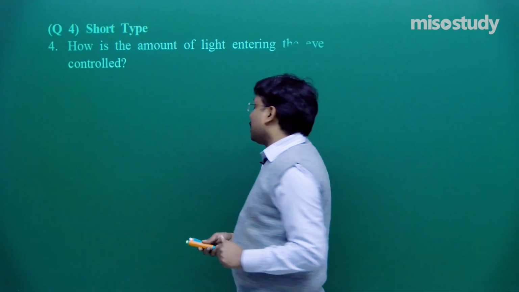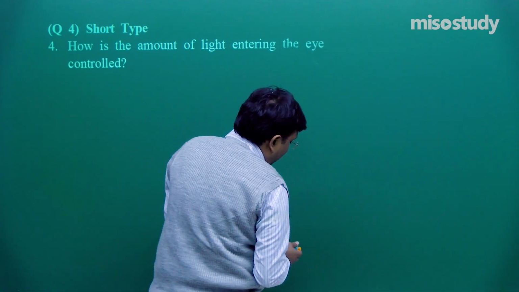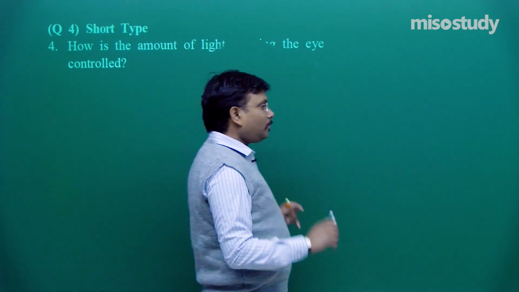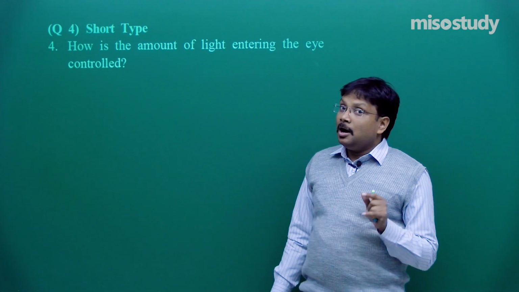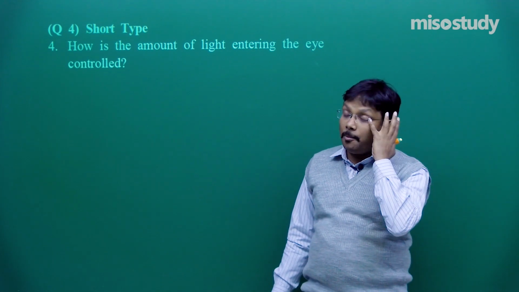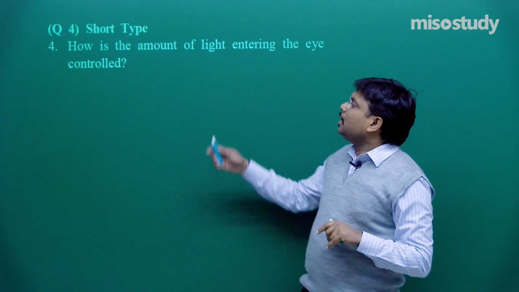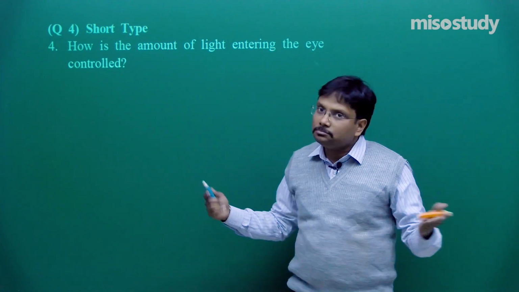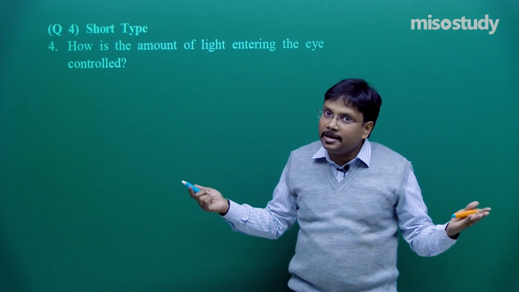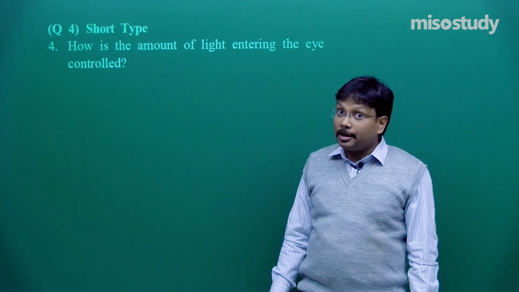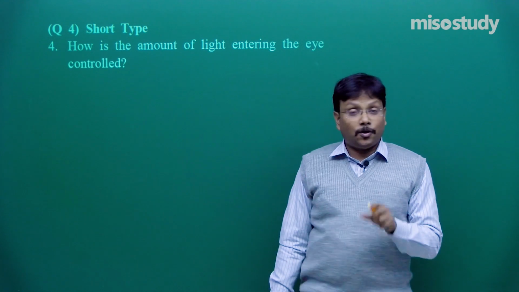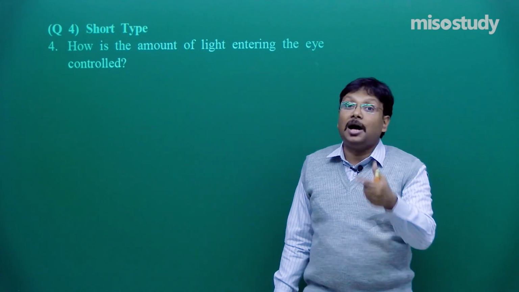If this question is asked in very short format, then you can write iris, simple, IRIS, it is a part in the human eye. But because it is short answer type, which means 2 marks, for 2 marks you have to write down the answer in this way.